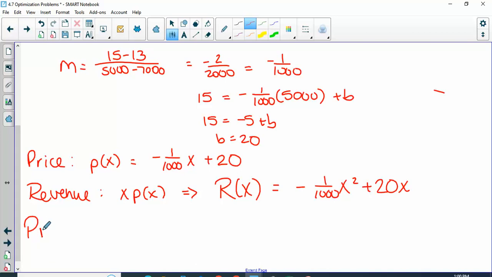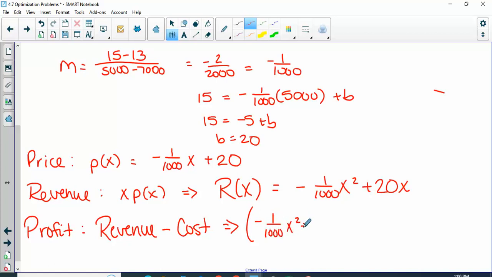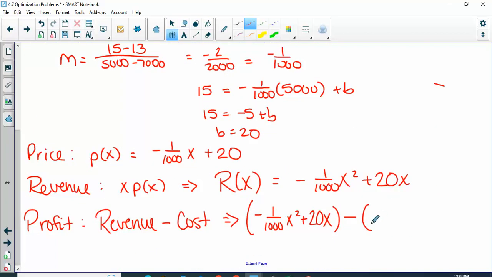Profit is revenue minus cost, so my revenue equation minus the cost equation that we had at the very beginning.